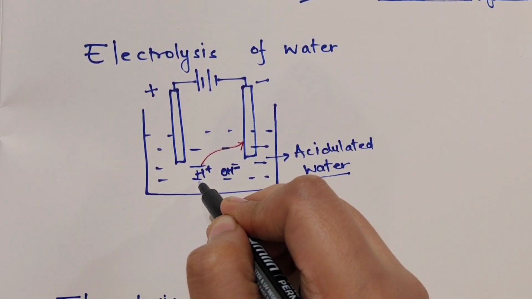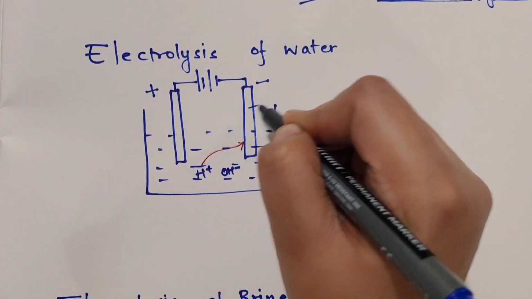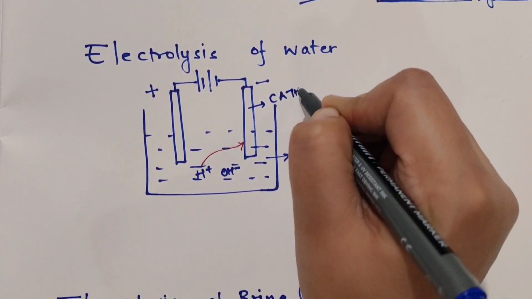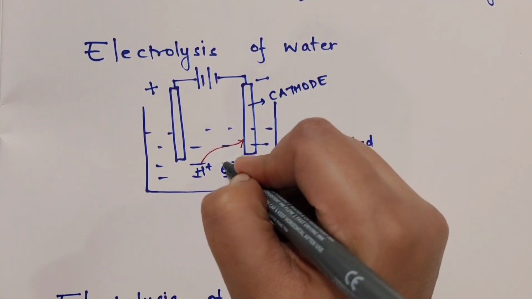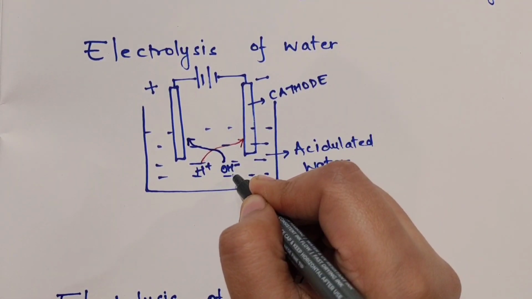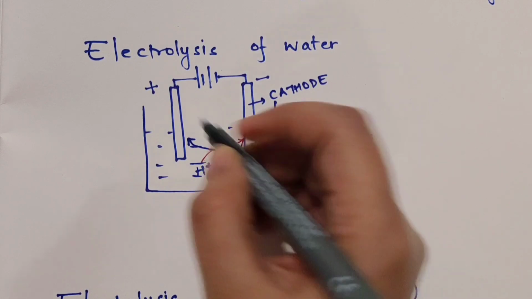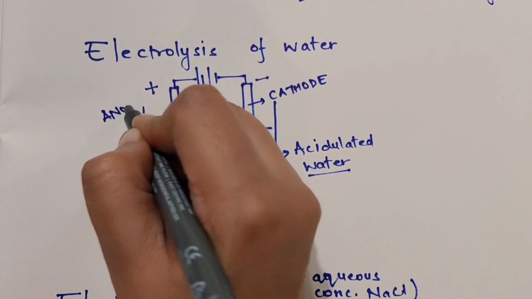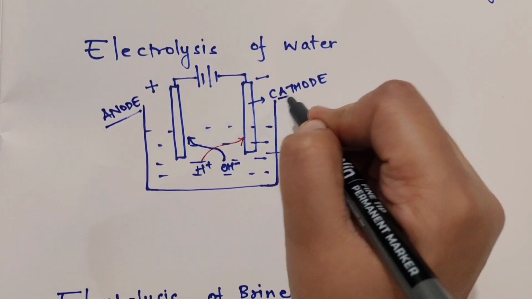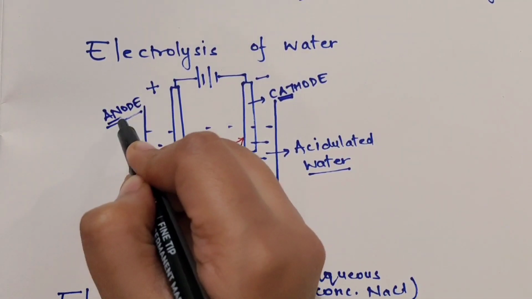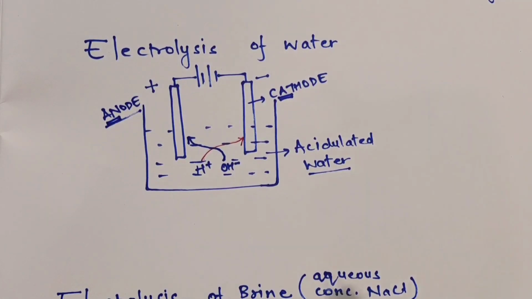Since it's a cation, the electrode that it goes to would be called a cathode. And OH- ion would go to the positive electrode. It's an anion, so it will go to anode. So remember this always. Cations go to cathode, anions go to anode. Okay, this is how these electrodes got their names.